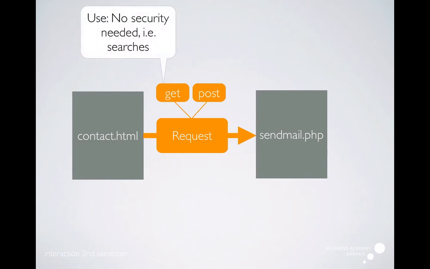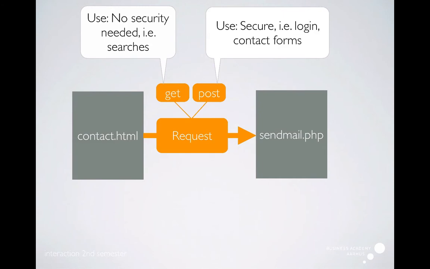We use GET when we don't need any security, for example in searches, and we use POST when we want to hide the data from the user or perhaps from a hacker. For example, if we want to log in, we don't want to expose the username and the password in the URL, or in a contact form we don't want to expose what we have sent in the URL as well.